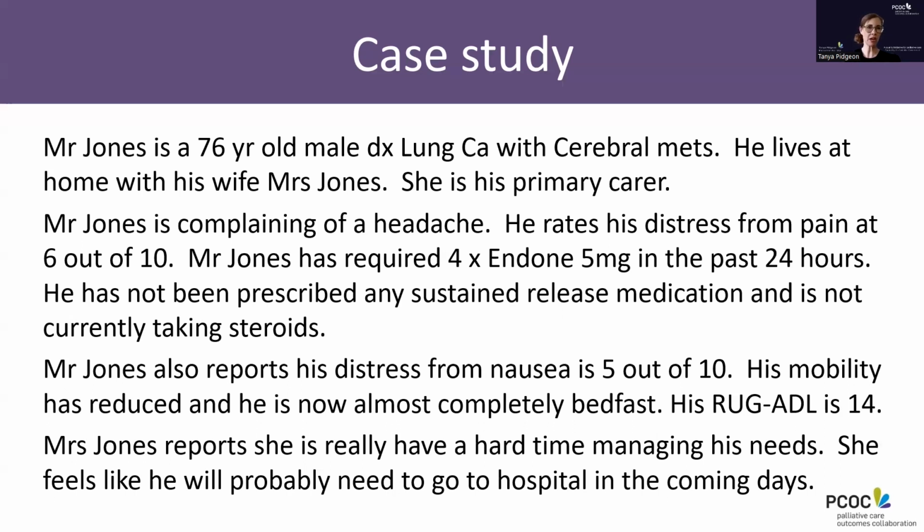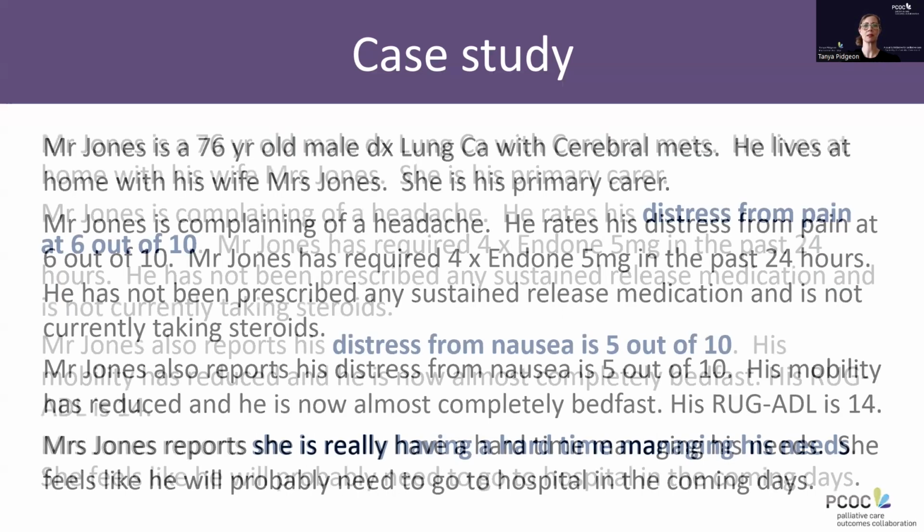He has not been prescribed any sustained release medication and is not currently taking steroids. Mr. Jones also reports his distress from nausea is a 5 out of 10. His mobility has reduced and he is now almost completely bedfast. His RUG ADL is 14. Mrs. Jones reports she is really having a hard time managing his needs. She feels like he'll probably need to go to hospital in the coming days.